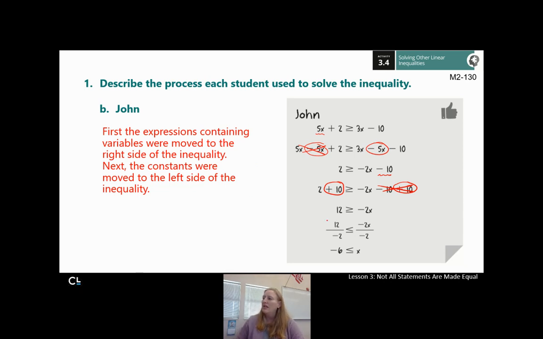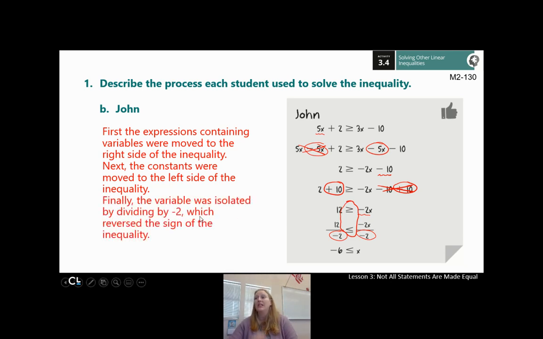And of course, to finish it off, he got rid of that negative 2. So divide by negative 2, divide by negative 2, which means he had to reverse the inequality. So finally, the variable was isolated by dividing by negative 2, which reversed the sign of the inequality. All right. So we went from being greater than or equal to being less than or equal to.